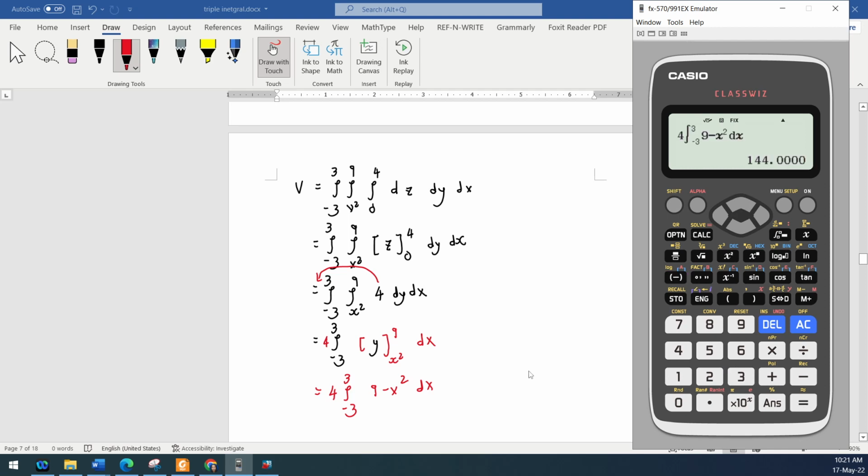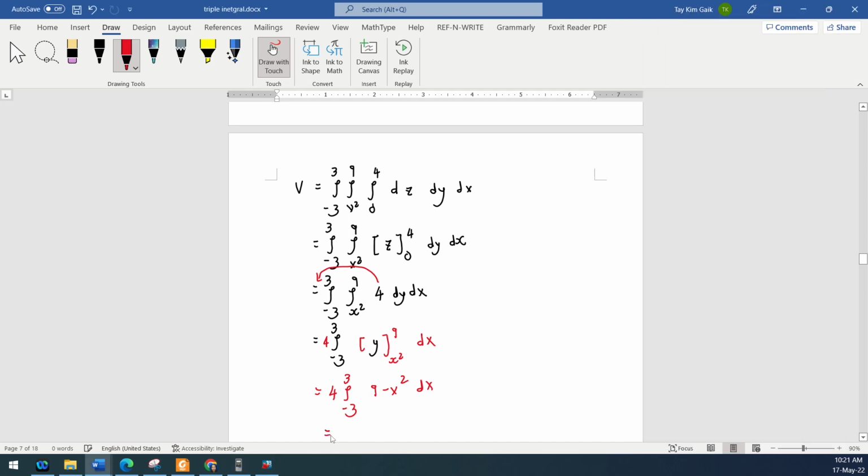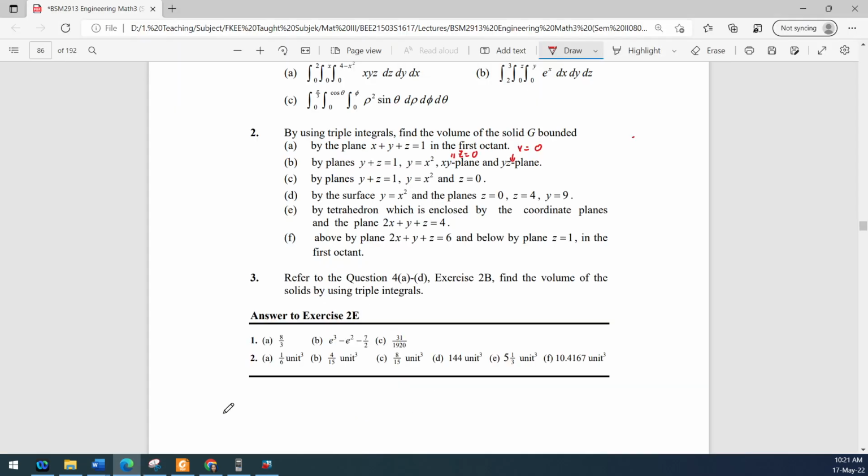So the answer is 144 unit cube. This is question 2D. So any questions? Okay, for question 2D.